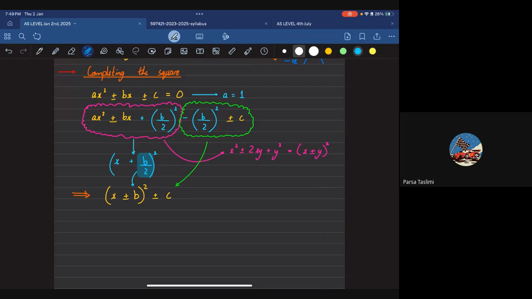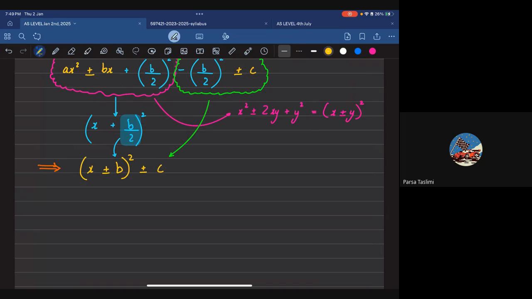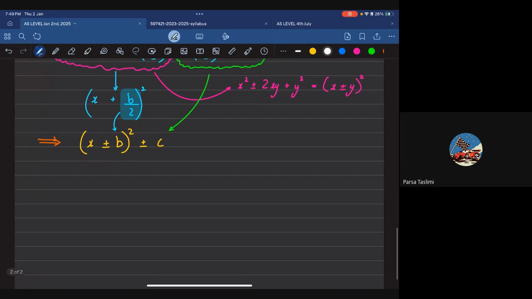Now, how to spot whether or not you have to use completing the square? Usually, if I write down a sample of a question, it's going to say express in the form or write in the form, anything of that sort.